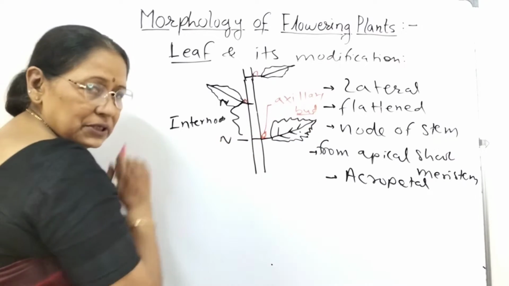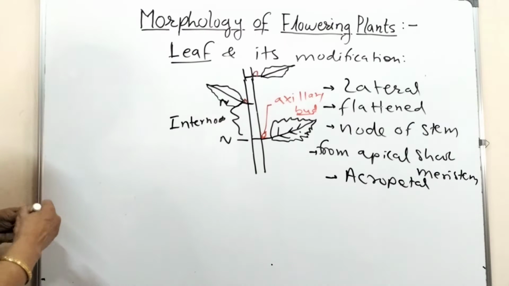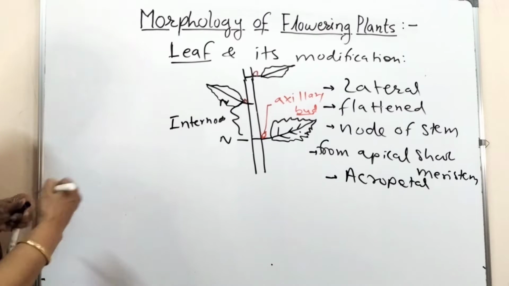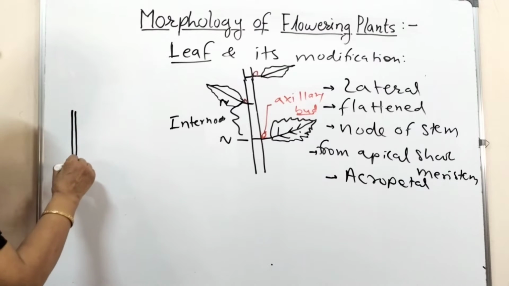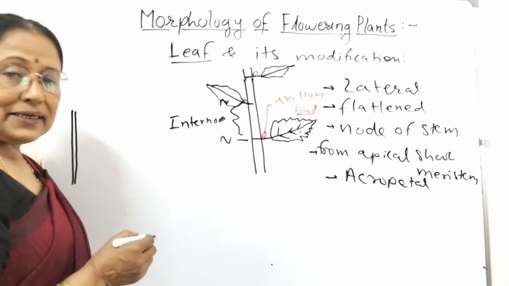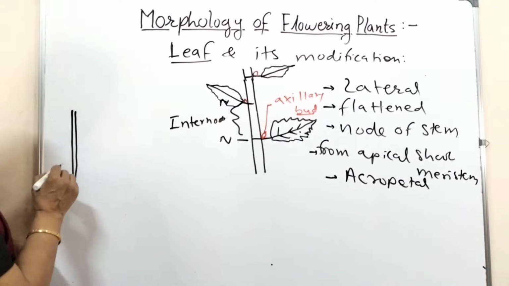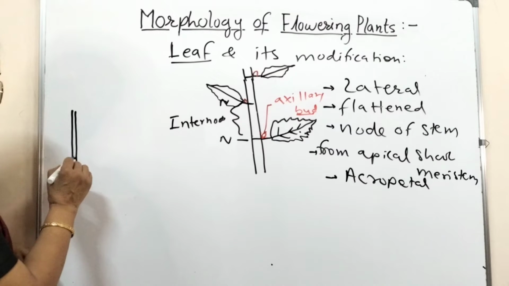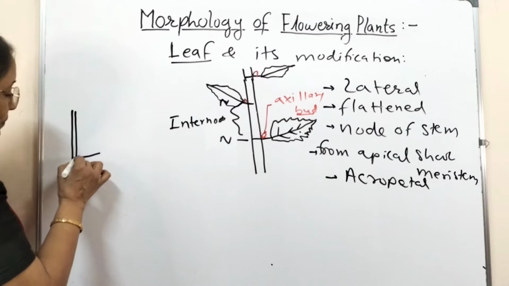When we see the structure of leaf in detail, all of you will say that yes, we are very familiar with the leaf structure. Let us see. This is the node. I am going to draw one leaf only.